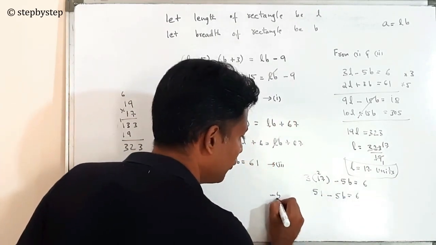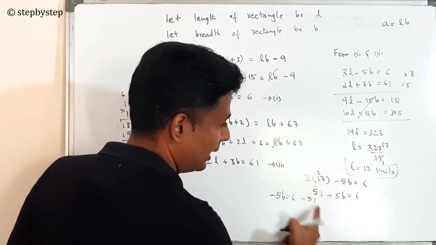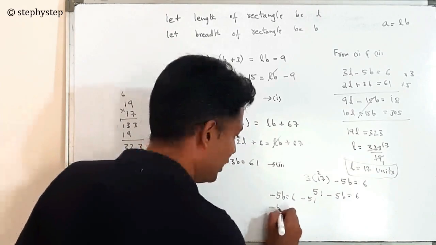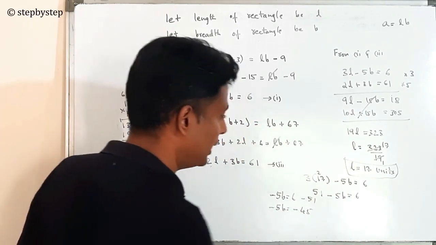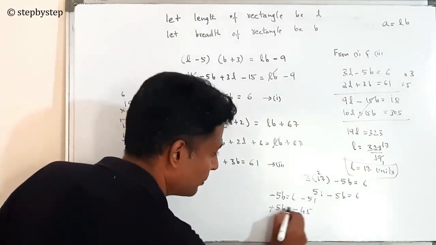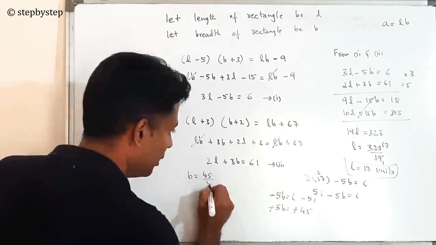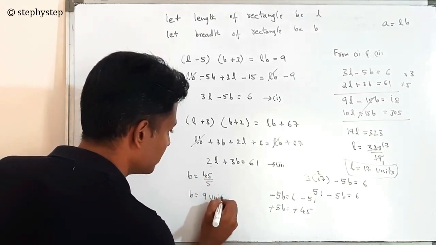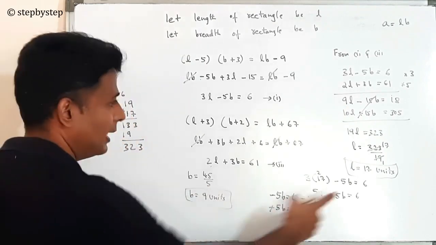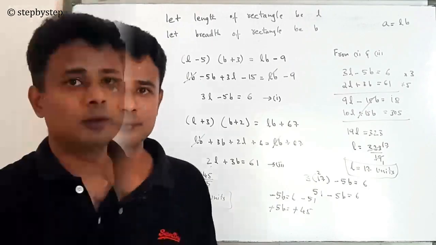So I get minus 5B equal to 6 minus 51, when I transpose. So minus 5B equal to minus 45. The minus signs cancel, so I get B equal to 45 by 5. So B equal to 9 units. So what was the original length and breadth? 17 units and 9 units.